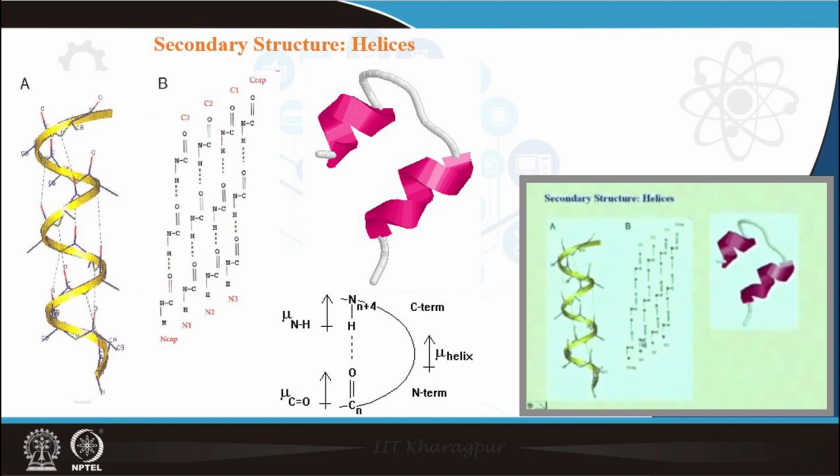If I go to 1, it is the CO of 1 and the NH of 5. If I go to number 3, what is it? It is the CO of 3 and the NH of 7. Okay? Now, what do you notice here? You notice something, that all the COs are pointing in the same direction.